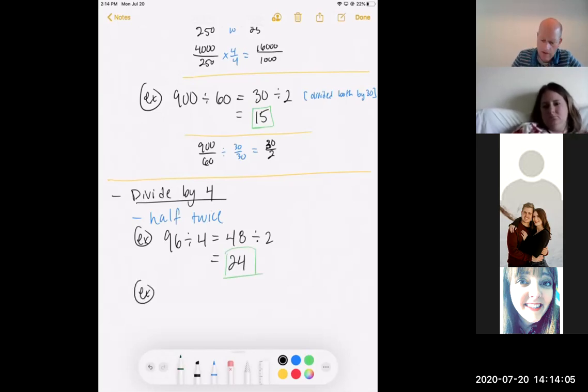Let's do one more. If I have 50 divided by 4, and I know that 4 doesn't go into 50 evenly, but I can use the divide by 2 twice to help me get the decimal. So what is 50 divided by 4 if you use this strategy?